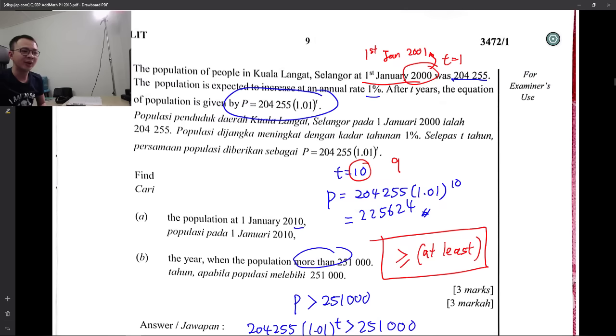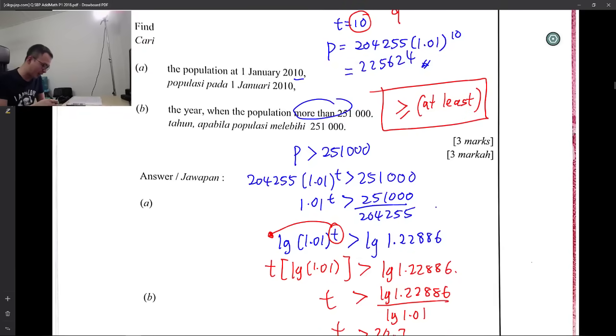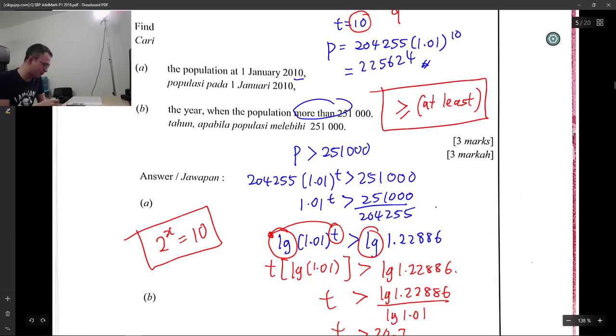How can you know that you must use the log to solve the question? When will I add the log? When my power is unknown. For example, I have 2 power of x equals 10. To solve this simple equation, because my power here is unknown, the only way to solve it is using the log.